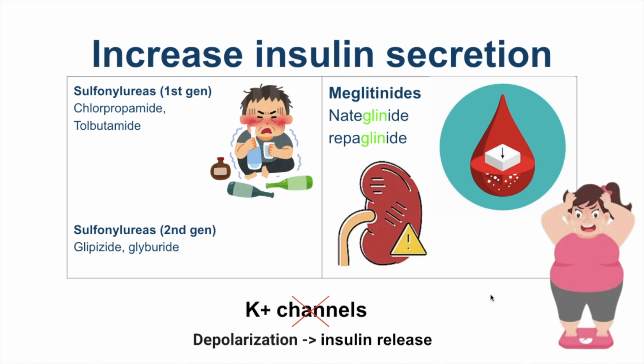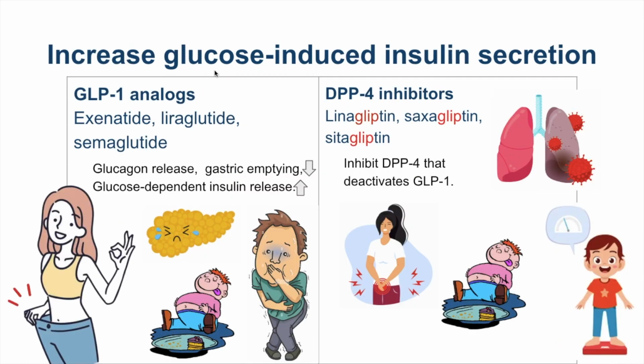The next group's mechanism of action is increasing glucose-induced insulin secretion. The drugs in this group are GLP-1 analogs and DPP-4 inhibitors. GLP-1 analogs decrease glucagon release, decrease gastric emptying, and increase glucose-dependent insulin release.